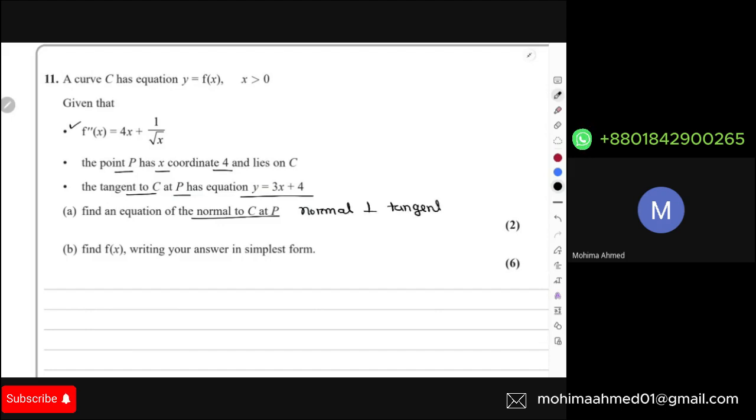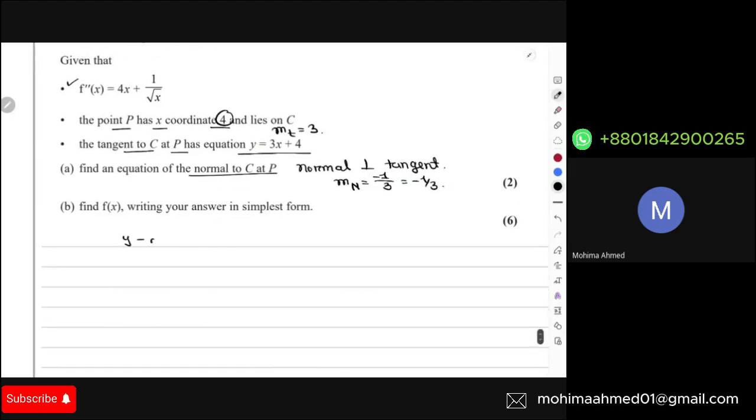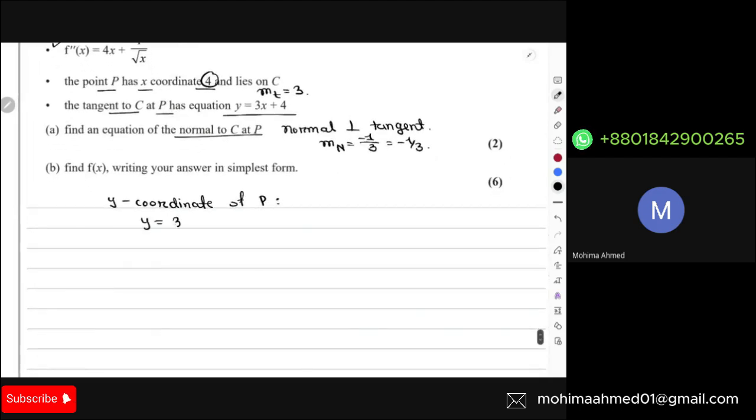So if this is the case, I understand that mn is going to be, mt is 3, right? The gradient for your tangent is 3, so it's going to be minus 1 by 3. Also, if the x coordinate of P is given as 4, the y coordinate of P is just going to be 3 times 4 plus 4, that's 12 plus 4 is 16, right?